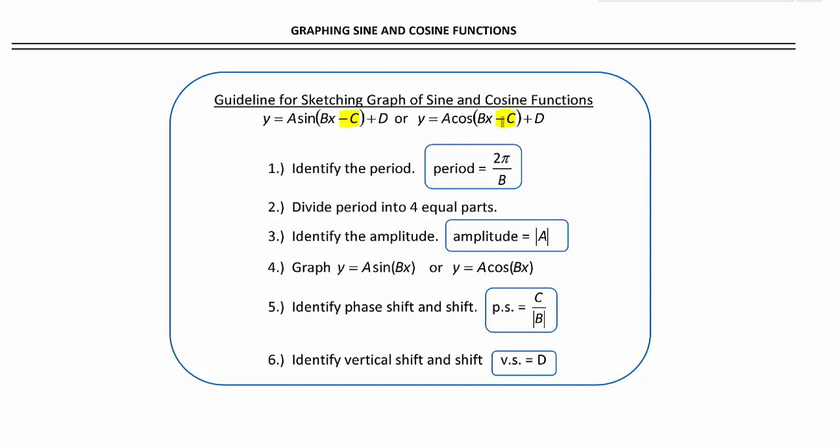When we typically do graph by transformation, we do a horizontal shift before we do a horizontal expansion or contraction. But because we're doubling up transformations here, we have to take into consideration that division by b, and that's what's happening with the phase shift. So c divided by b, and then lastly, we'll identify the vertical shift and shift it vertically, and that's going to be the plus d on the outside.